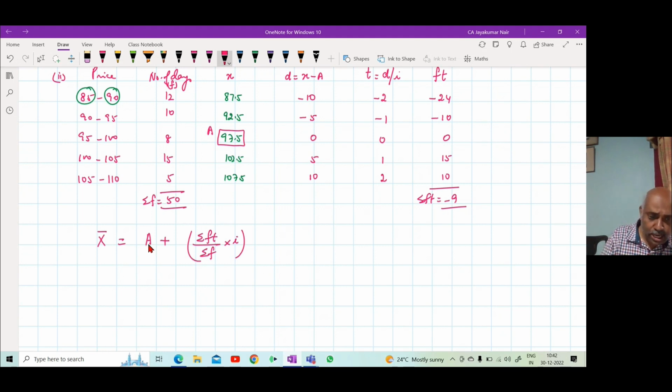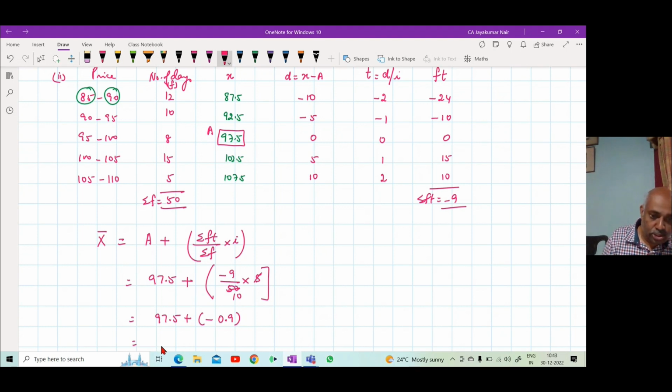This is the formula. Take the assumed mean plus whatever is the sigma ft divided by sigma f and multiplied by I. So what is A? A is the assumed mean, which is 97.5. And here it's minus 9 over 50 into 5. 5 is the value of I. So when you solve this, 97.5 plus, you get minus 0.9.